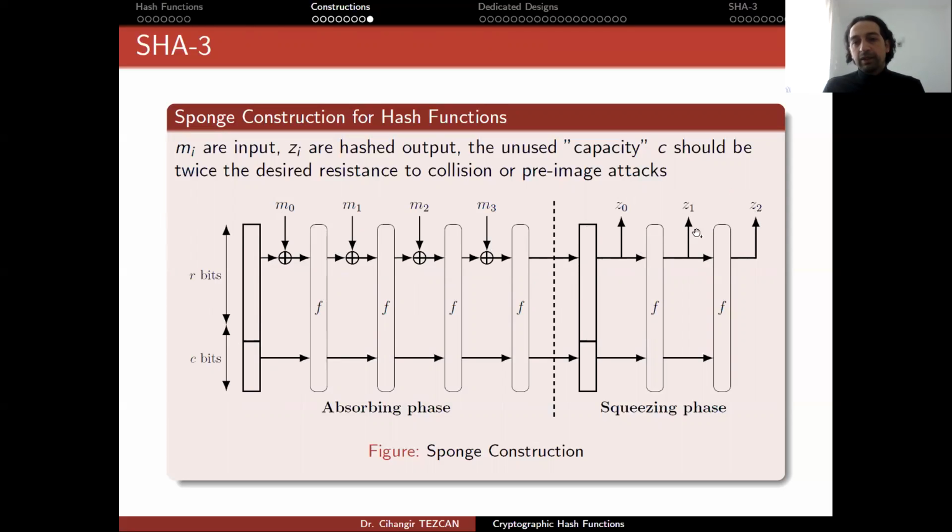You squeeze it and Zi's are produced as output. In this case, you absorb the message, then you squeeze the sponge and produce the outputs. So this is the idea. SHA-3 is an example of a sponge construction. Our final example in this lecture, on the topic of cryptographic hash functions, will briefly mention how SHA-3 works, and it will have this idea because it is a sponge construction.